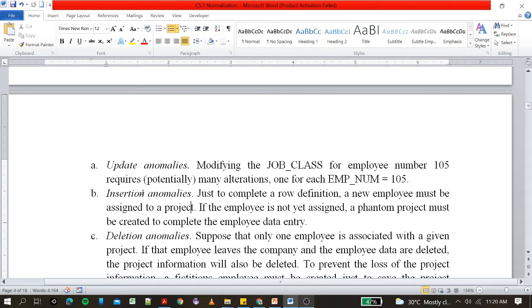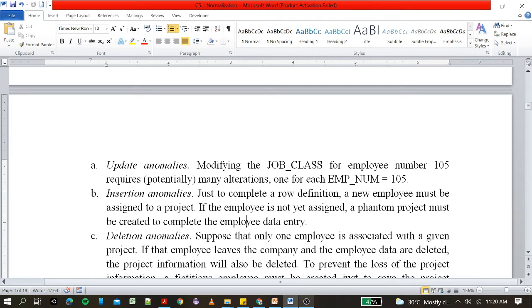Ganun, di ba? Then, for insertion anomalies, just to complete a row definition, a new employee must be assigned to a project. If the employee is not yet assigned, a phantom project must be created to complete the employee data entry. Diba?